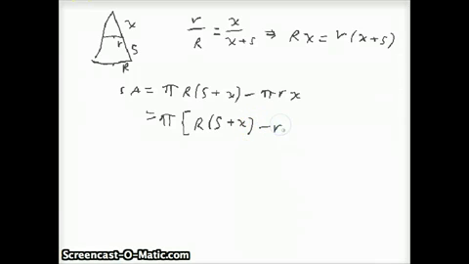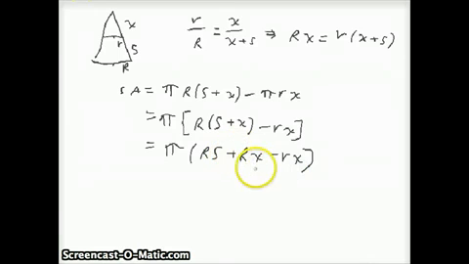minus r x. Now here comes the opportunity to do a substitution. Actually, not yet. I'm going to multiply this R through, so I can use regular parentheses. We have Rs plus capital R x minus lowercase r x.